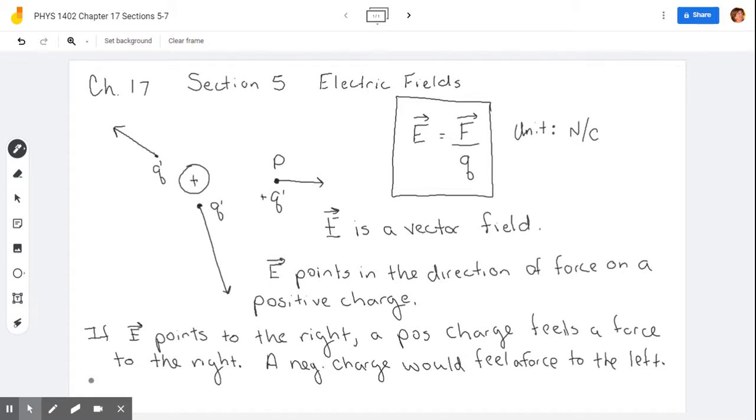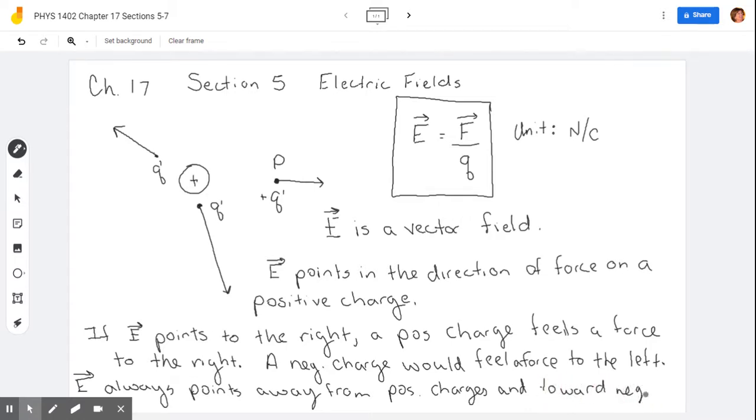As a result of this, one thing we know is that the electric field always points away from positive charges and toward negative charges.